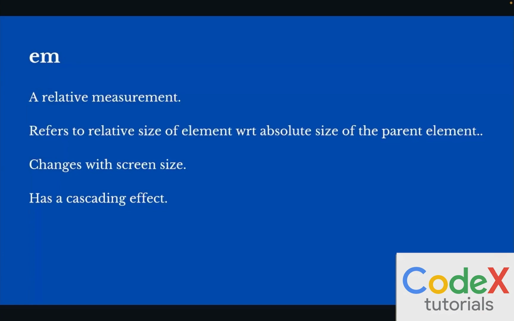We'll see practically what EMs are all about, but EMs also help us create a responsive and fluid typography across our web page. Whenever we define anything in EMs, it makes sure that it takes the absolute reference value from the parent in which that particular HTML element is defined.